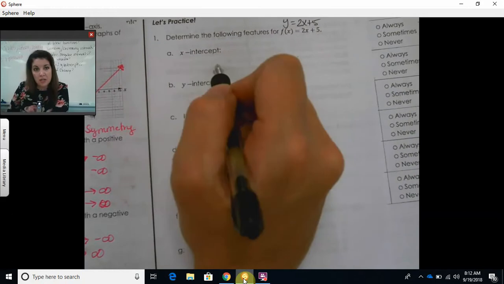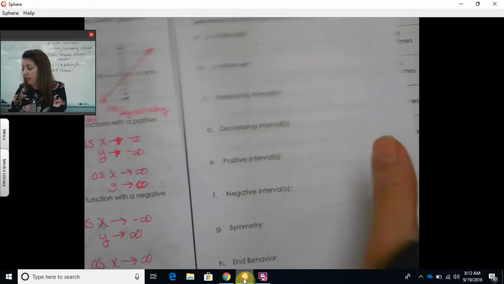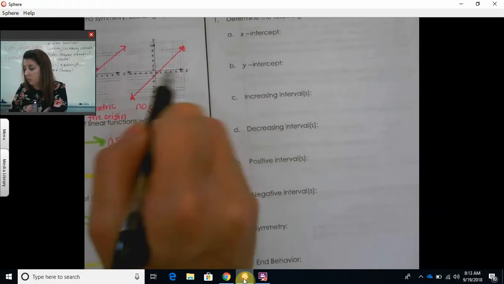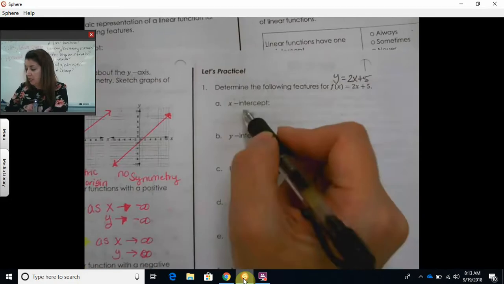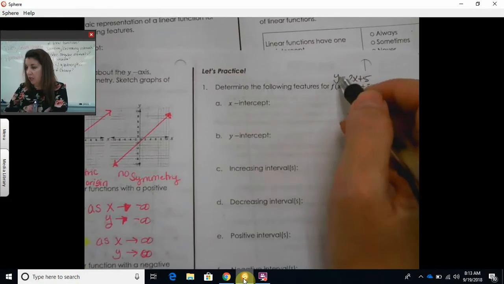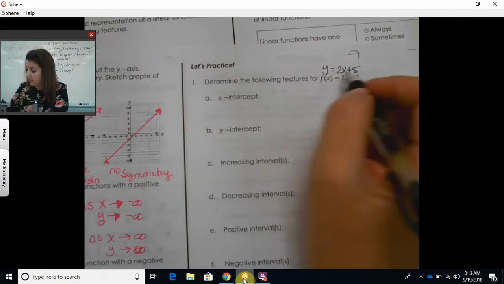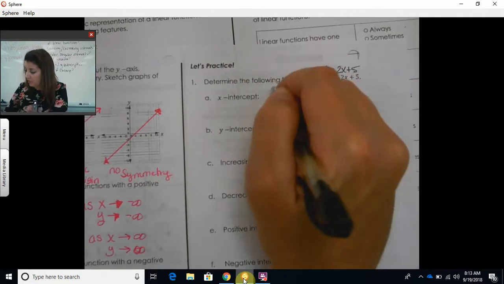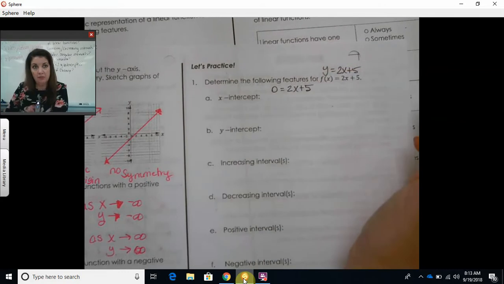So the first thing they want to know is the x-intercept. So remember, any ordered pair on the x-axis has a y value of 0, right? So if you want to know where the graph crosses the x-axis, you say, okay, well, when y is 0, what is x? So if we want to find the x-intercept, instead of y, we'll put in a 0 and solve for x.